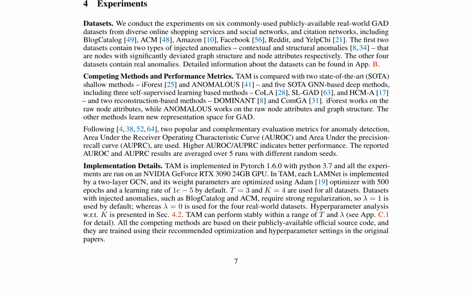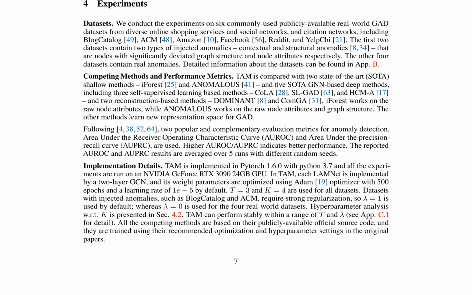The paper also discusses the experimental setup, including the datasets used, competing methods, and performance metrics. 6 real-world datasets from diverse domains are utilized for evaluation, and the results are compared against 7 state-of-the-art shallow and deep learning-based anomaly detection methods. The authors report that TAM outperforms these competing methods on most datasets, demonstrating its effectiveness in identifying anomalies in graph-structured data.